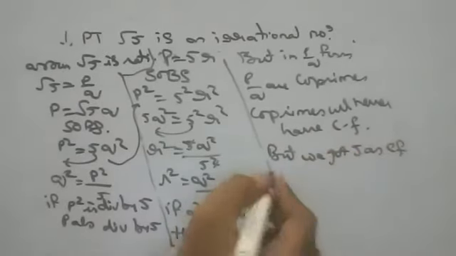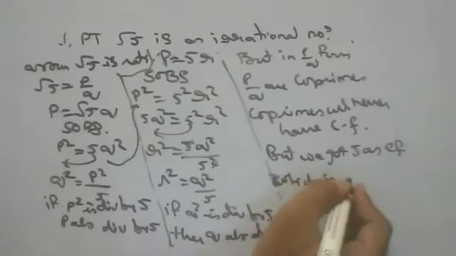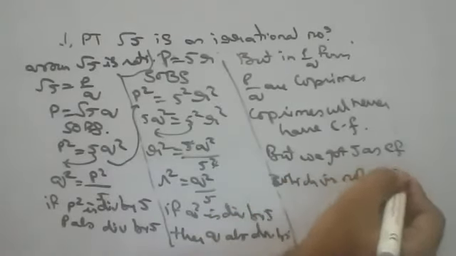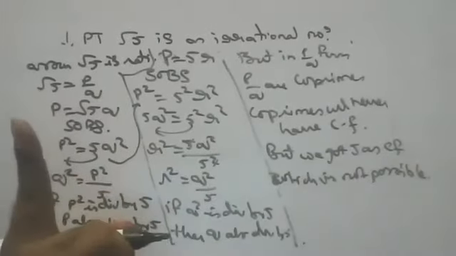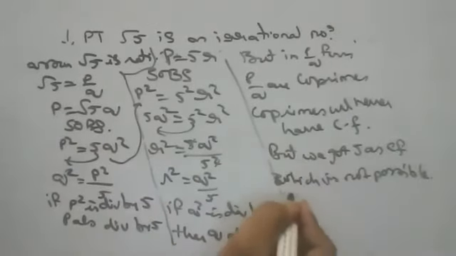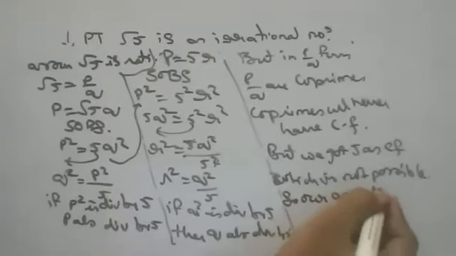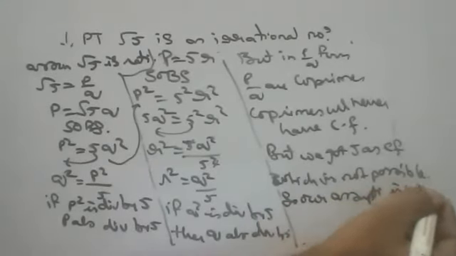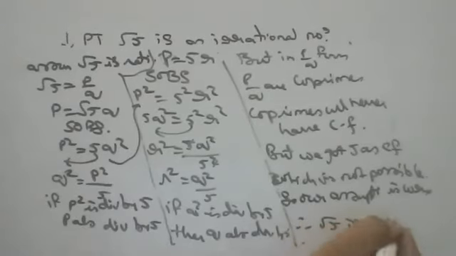Why did we get a wrong answer? Which is not possible. Coprime numbers will never have a common factor except one. So our assumption is wrong. Therefore, root 5 is irrational.